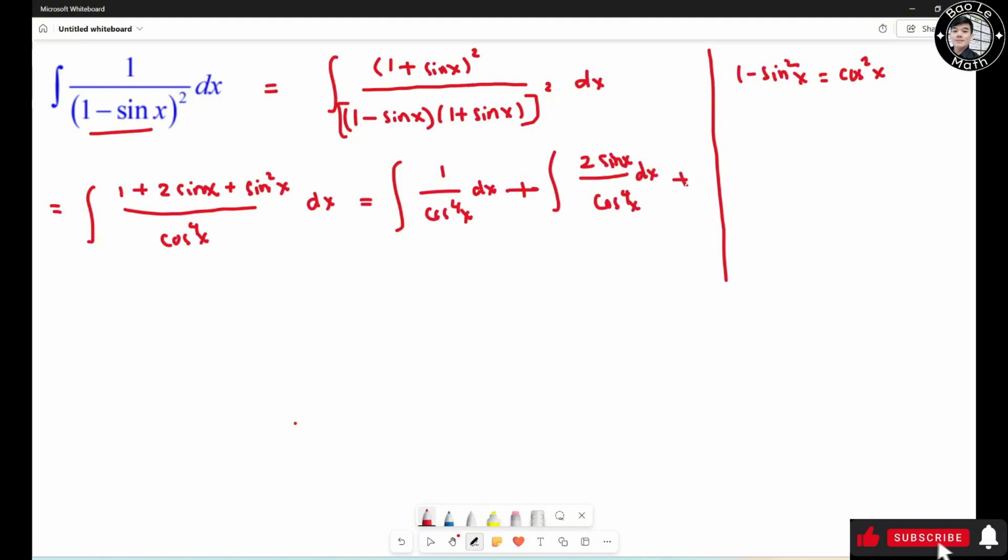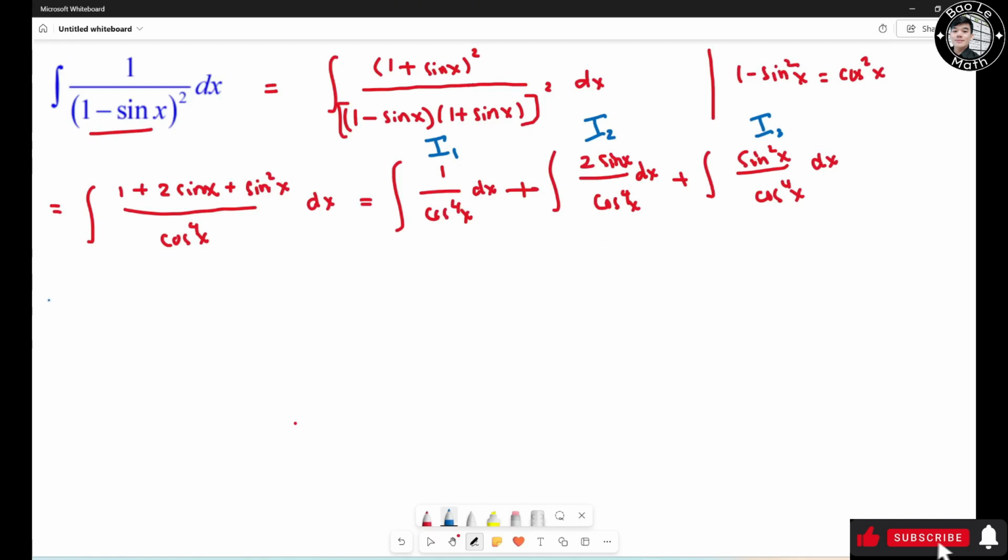And the third one should be the integral of sine square of s over cosine to the 4 of s ds. I'm going to call this one I1, this one I2, and this one I3. Now I need to calculate each of these.